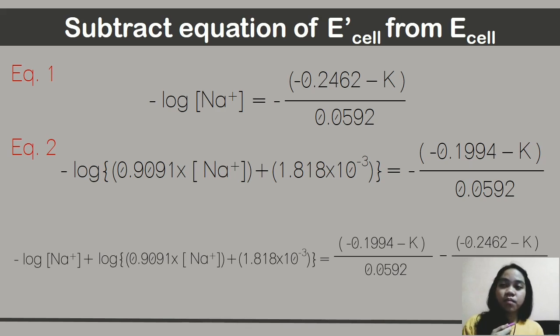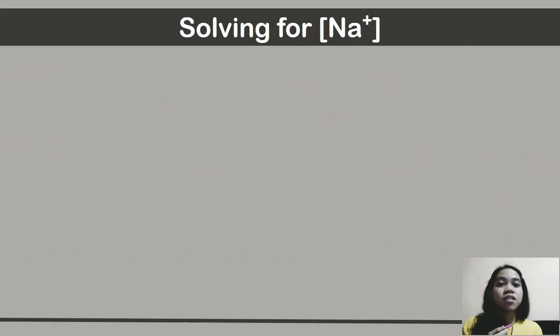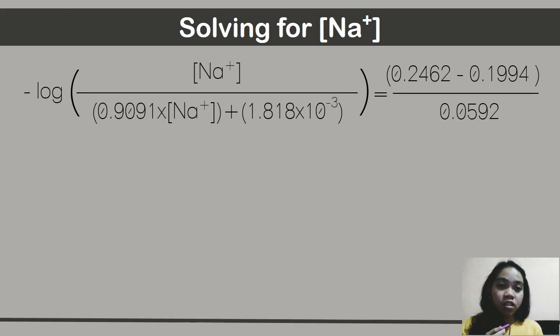Now, we will simplify the left side of the equal sign by combining those in a single log form, and the right side we will just multiply those since we have the same value for our denominator. Solving for Na+, then there you go, the simplified version of our equation. Simplifying further, actually you can put this already on your calculators and it should solve when you already got the answer.